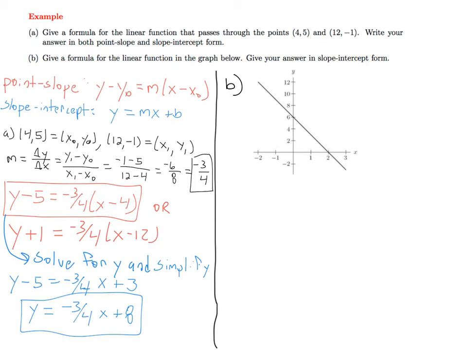And so one way to find this formula, and here we just want the formula in slope-intercept form, would be to identify 2 points on this graph. Namely, here's an intercept. So the point at (0, 6), that's on the graph. We'll call that our (x0, y0).